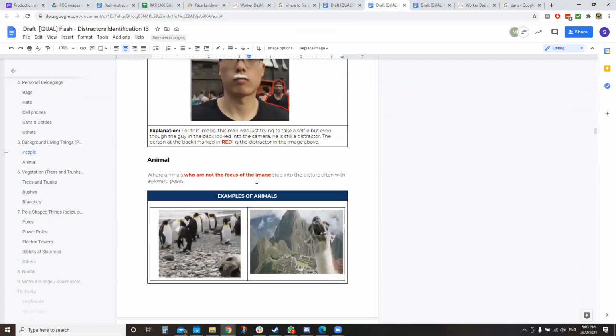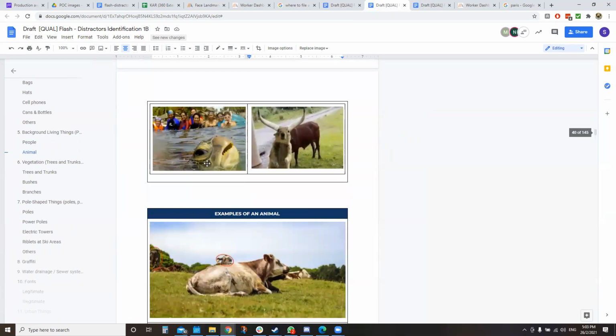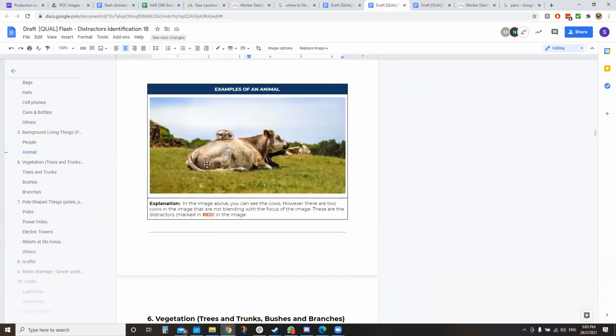Okay, same here. Oh, okay, the client said this one also not focus. This one we discussed. The client said this one also not focus. Okay, interesting. Yeah, I can see why though, but it's subjective.